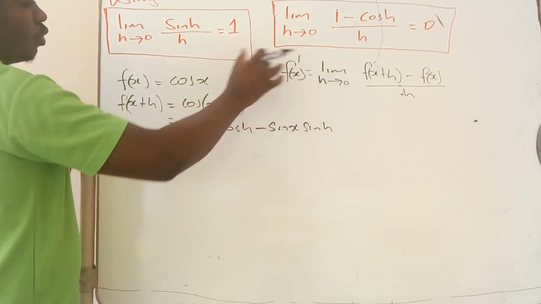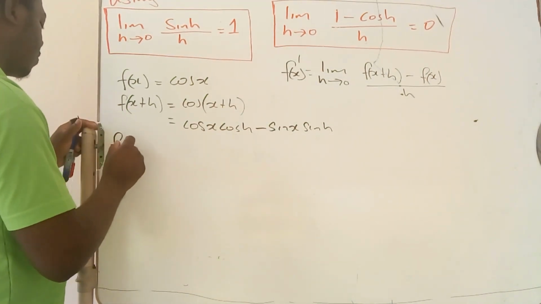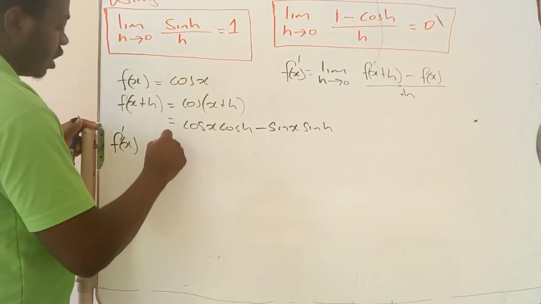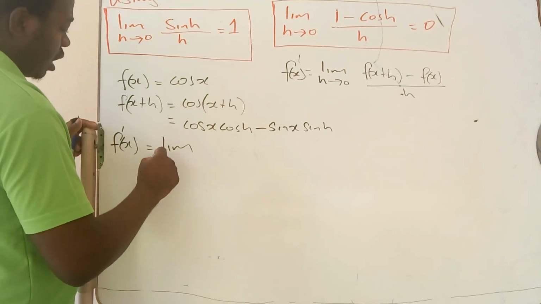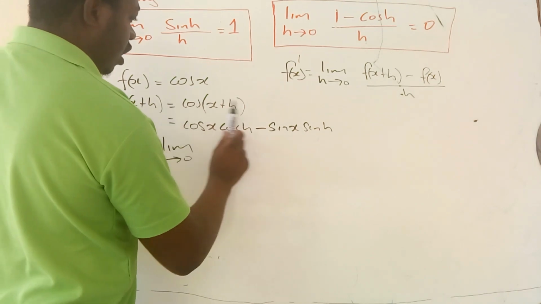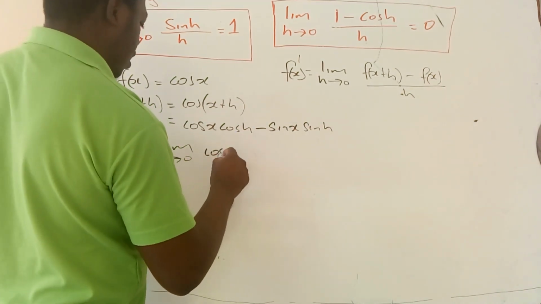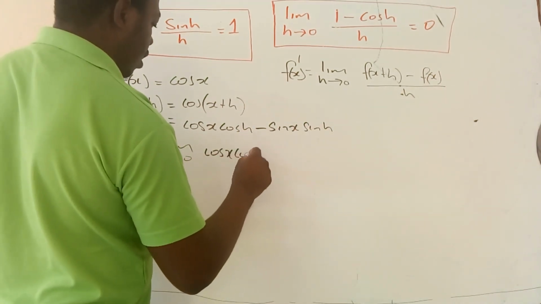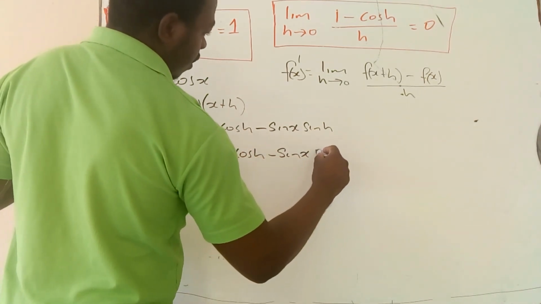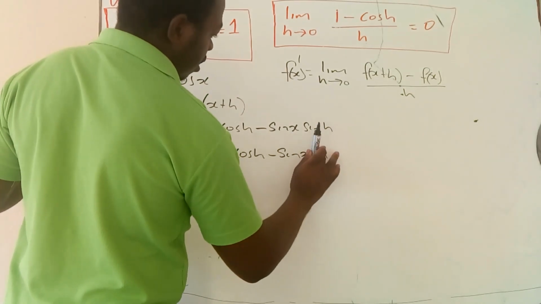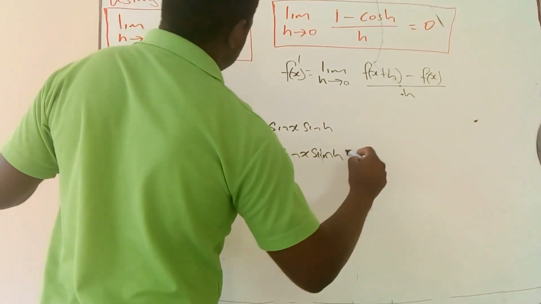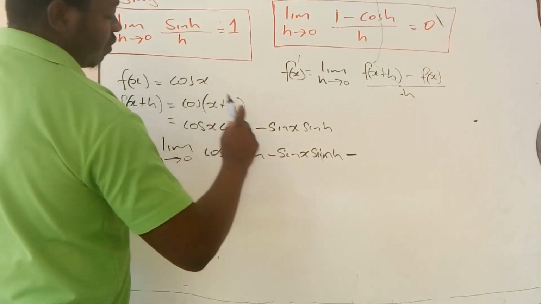So we can just fill that up in our formula, right? So the derivative of f of x is equal to the limit as h approaches 0 of f of x plus h, which is all of this, cos x times cos h minus sin x sin h, subtract cos x, which is just f of x, right?